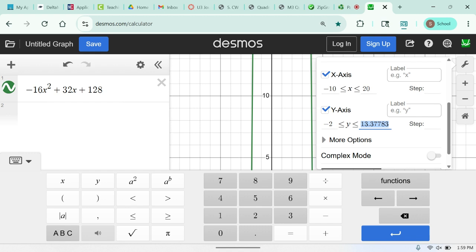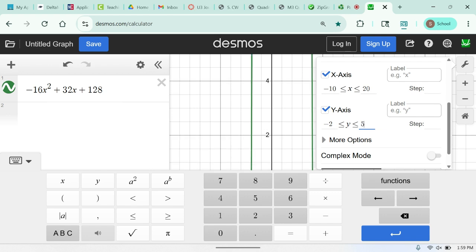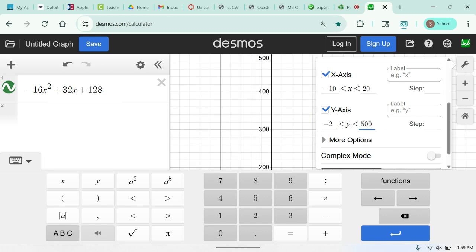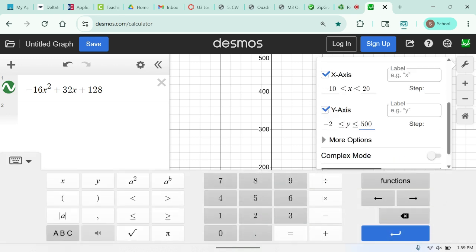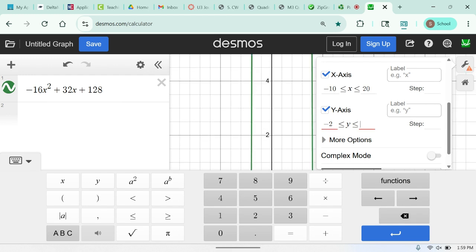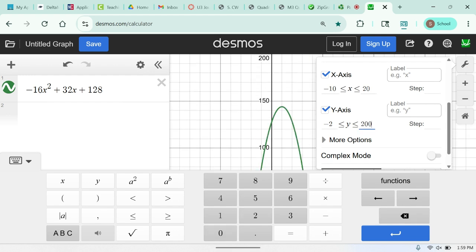I don't know how high the thing goes, so I'm just going to play with numbers. Let me try 5,000. It's still pretty high, and that's at 500. So let's call it 200. There we go. And I'm going to make this -5, honestly.